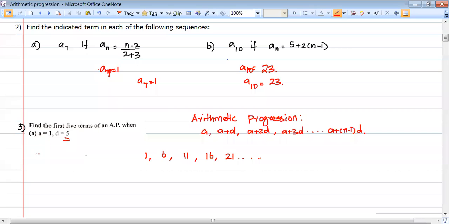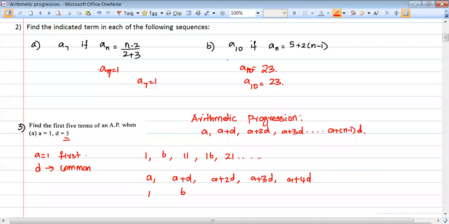See, actually, A is the first term and D is the common difference. So the arithmetic progression format is A, A plus D, A plus 2D, A plus 3D and A plus 4D. Now here our A is 1. What is A plus D? 1 plus 5, 6.